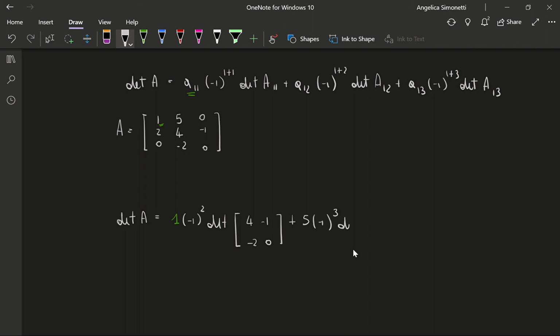And here we have the determinant of, I have to remove the first row, but the second column. So if I remove this, what am I left with? Well, it's 2, minus 1, 0, 0.